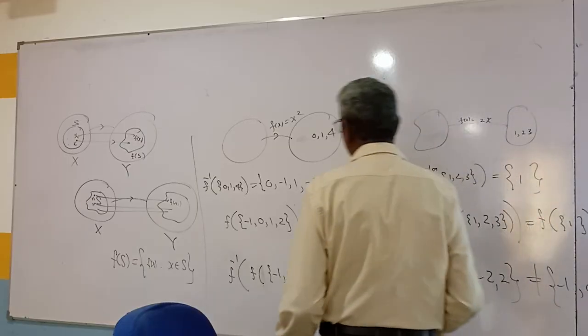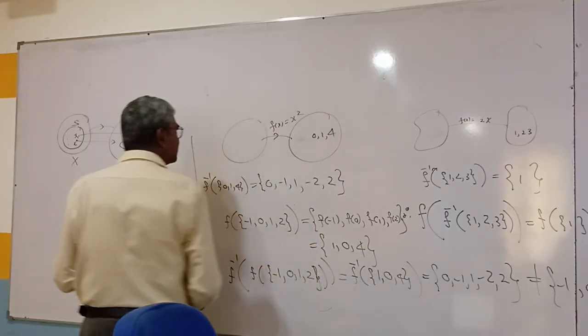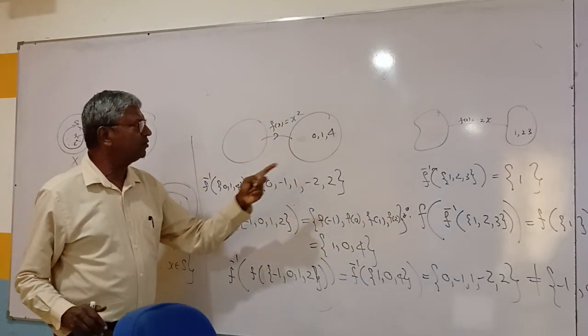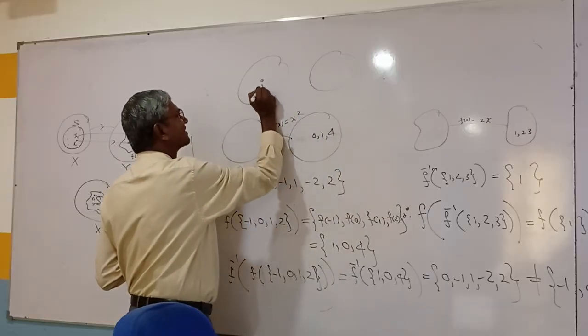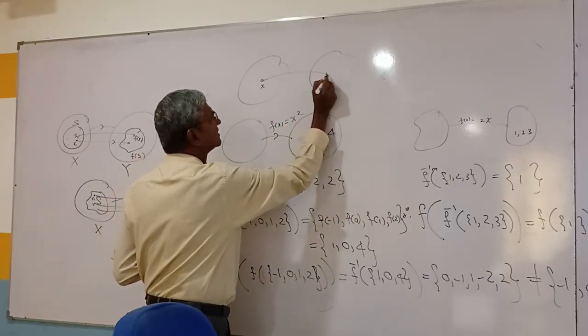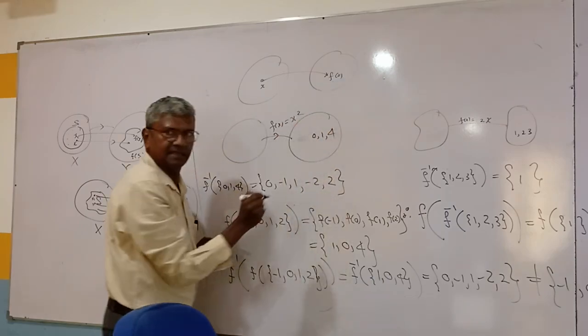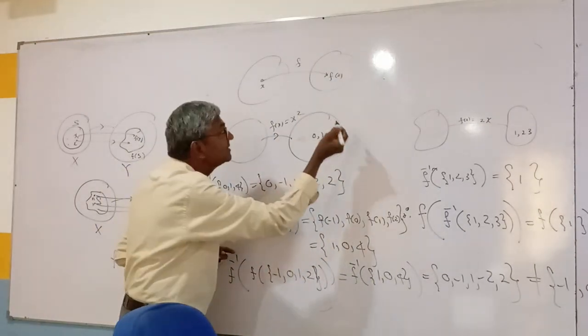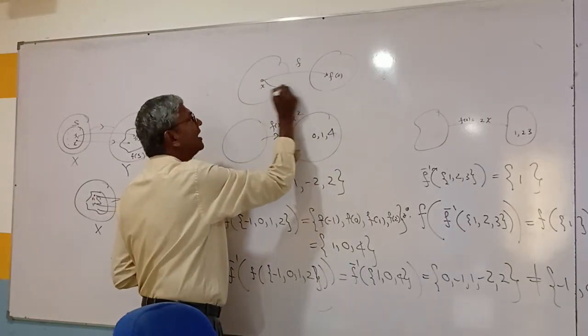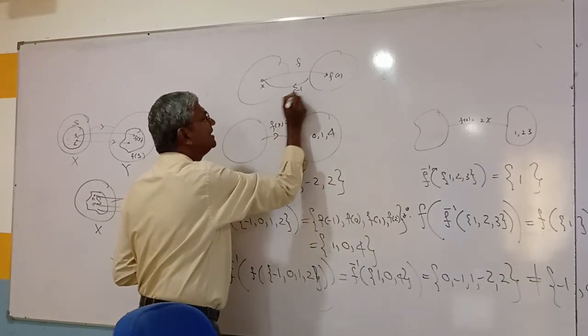The reason he is trying to emphasize this is, let me do it again. If you take x, it goes to f(x) under f. And if f is one-to-one by any chance, f(x) comes back under f inverse to x.